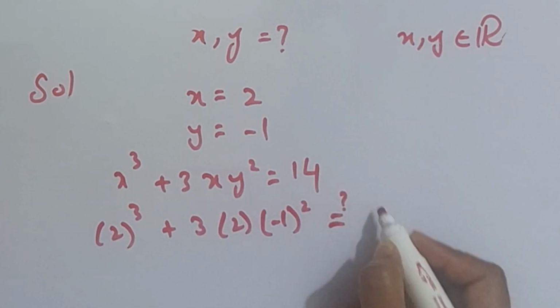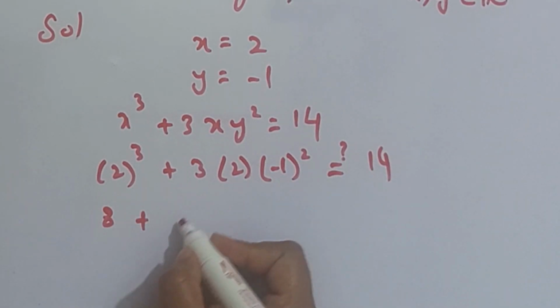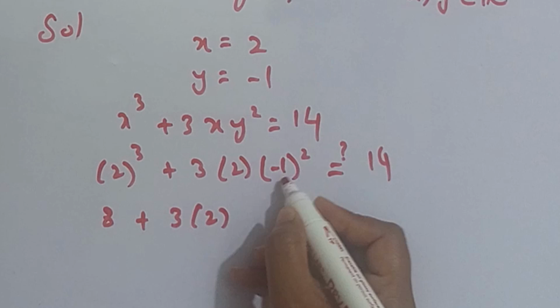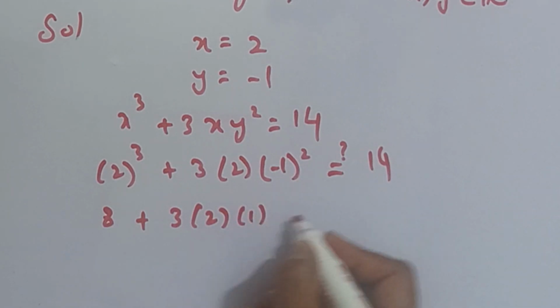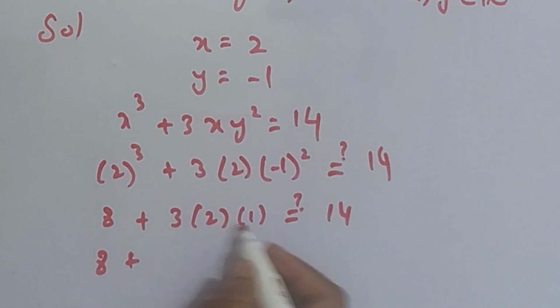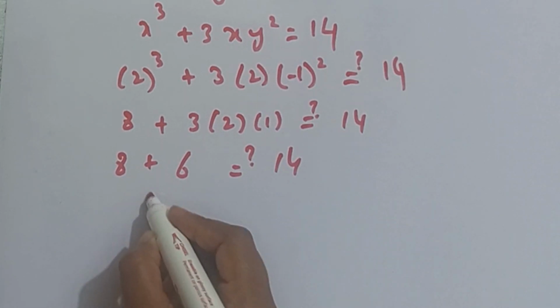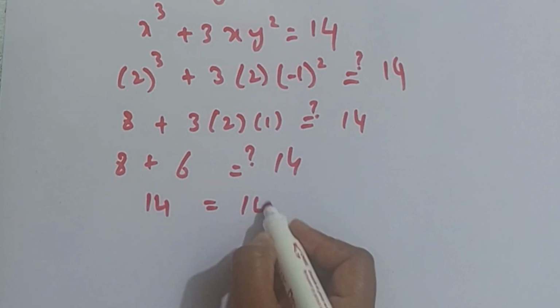We check this is equal to 14 or not. So 2 cube is 8 plus 3 times 2 and negative 1 square is 1. Multiply these values, then we get 6. The left hand side 8 plus 6 is 14 and the right hand side is also 14.